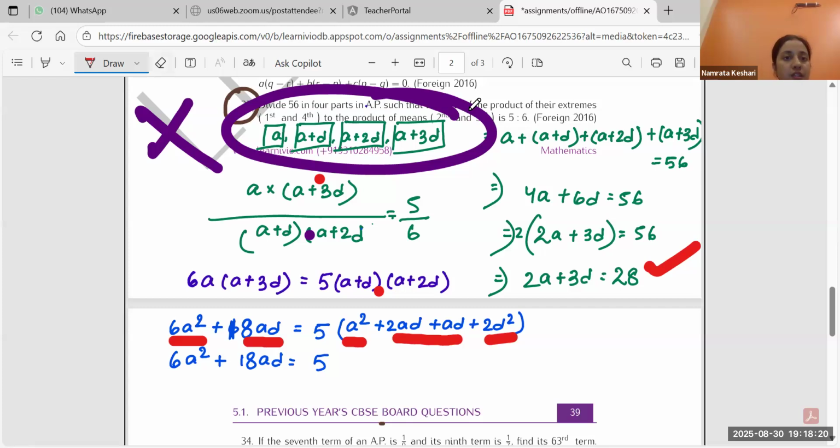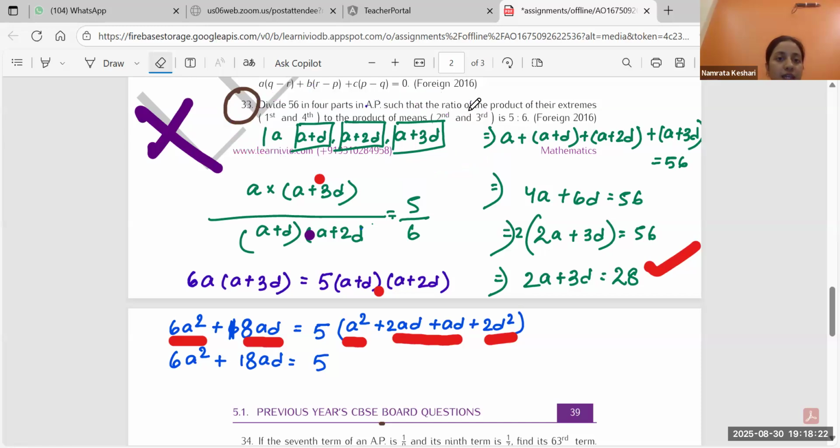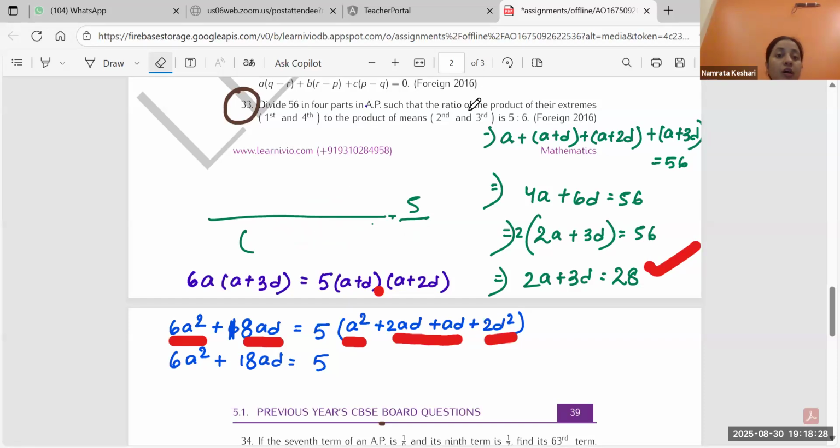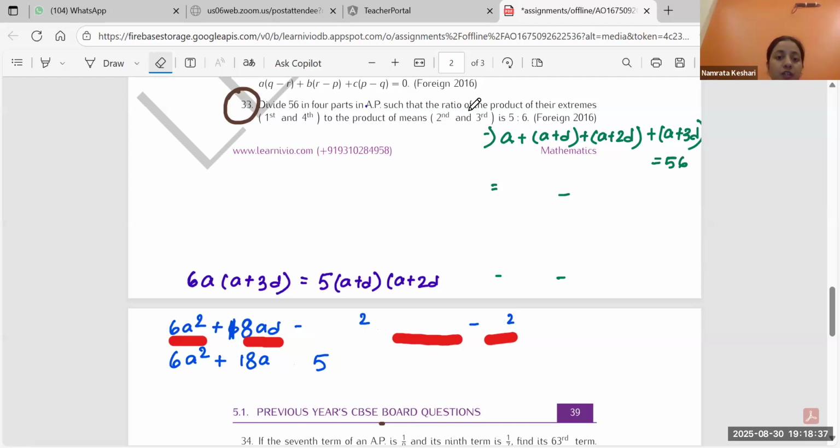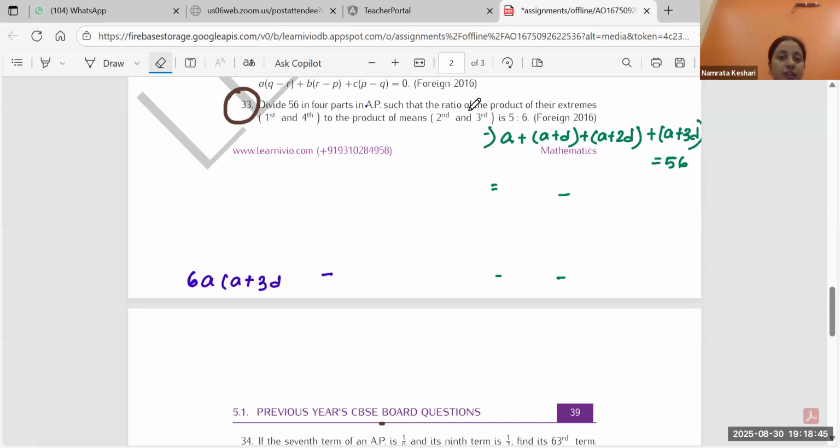So with that consideration, we will not assume the standard form of the AP over here. Why? Because it is making the calculation really lengthy. We don't have this much time to just keep on doing the simplification. 2-3 pages will get filled and you will still be doing the simplification. So there is an easier way for this question.